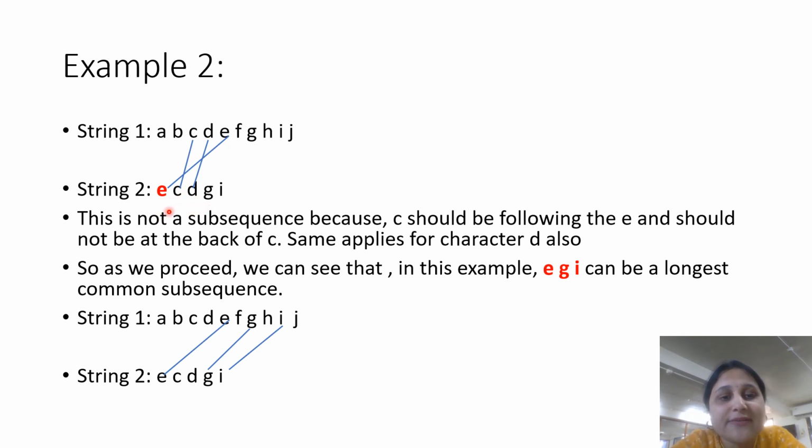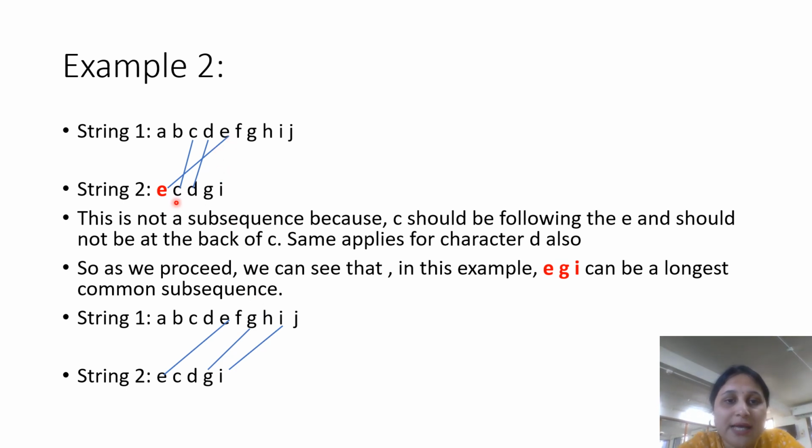Okay, so let's see if there are any other characters. C, D are being discarded. Now next is G. Yes, so G is present after E in string 2 and in string 1 also. Similarly, I. So here EGI can be a longest common subsequence. See this example: E, G and I. How can you identify?